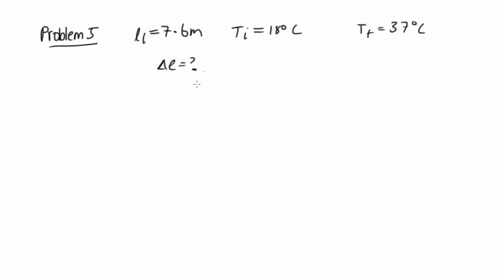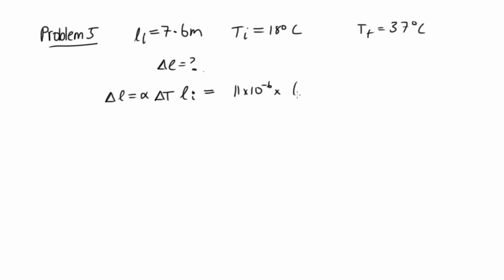So we just need to use our thermal expansion equation here. The change in length is equal to alpha, which is the linear expansion coefficient, times the change in temperature times the initial length. And so we can look up the thermal expansion coefficient of steel, because we're told it's a steel streetlight. So that is equal to 11 times 10 to the minus 6.